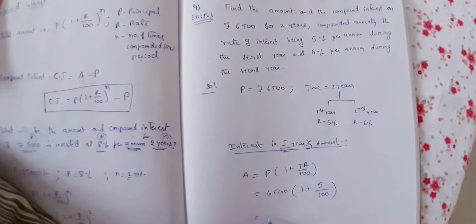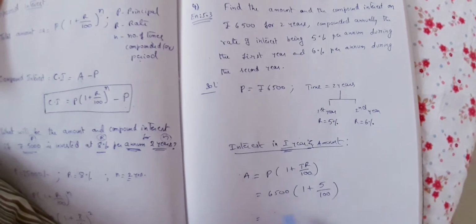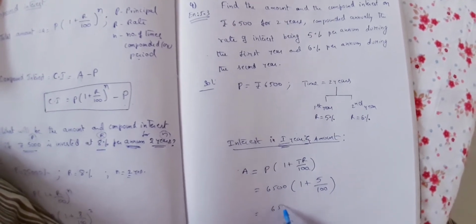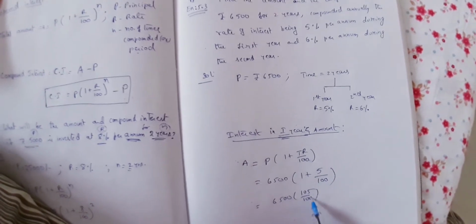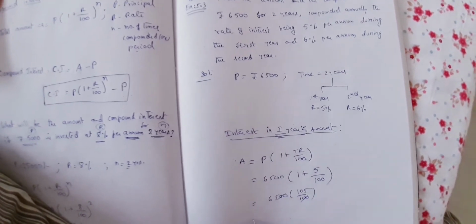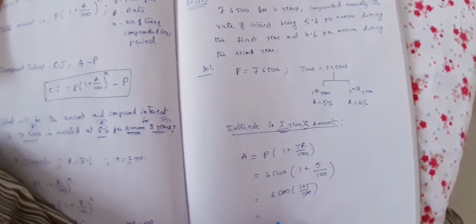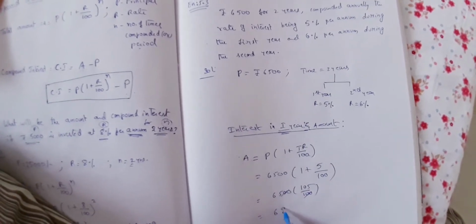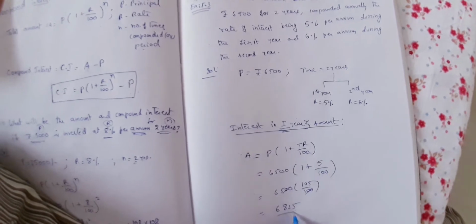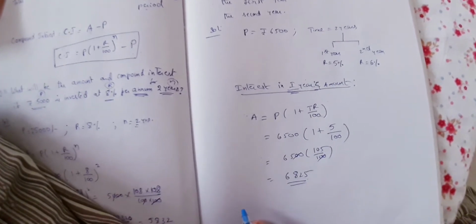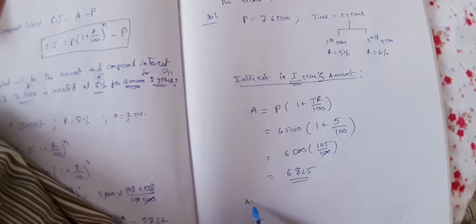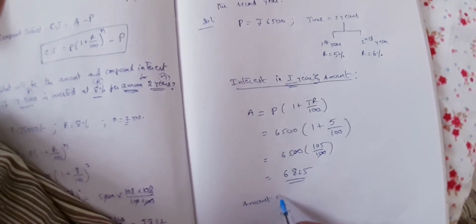So what did we get? 6,500 into 105 by 100. This 100 will get cancelled. 65 into 105 comes to around 6,825.